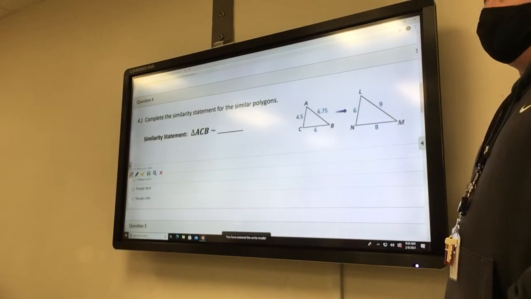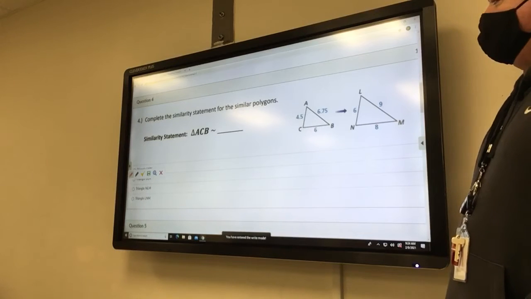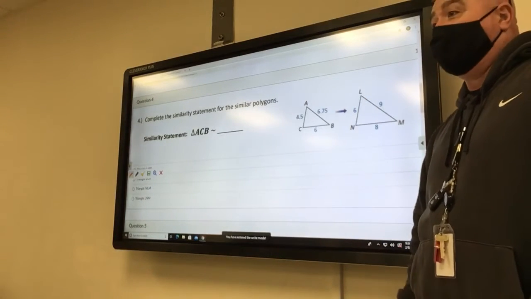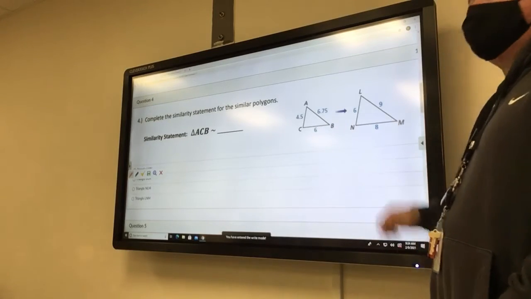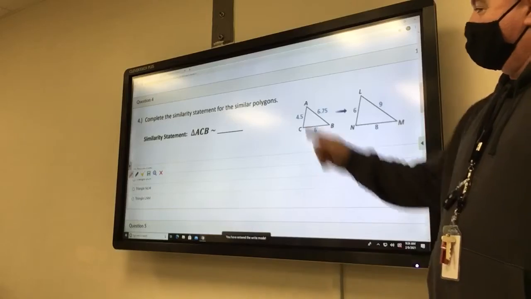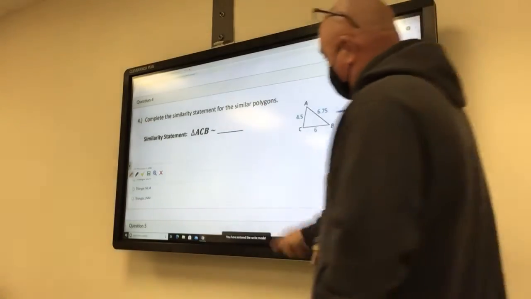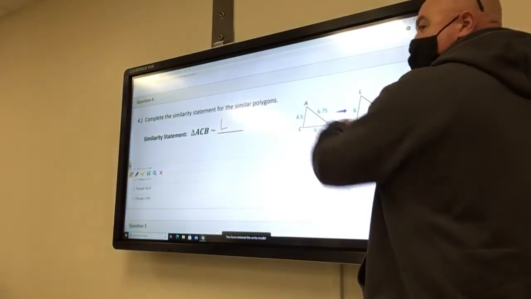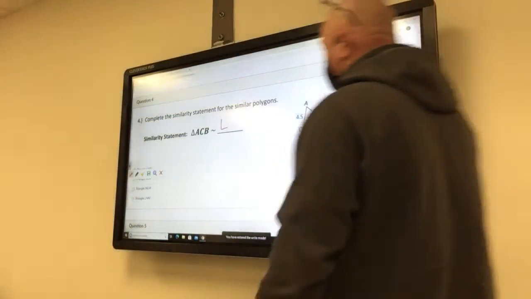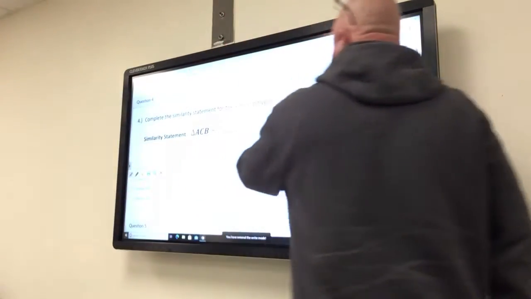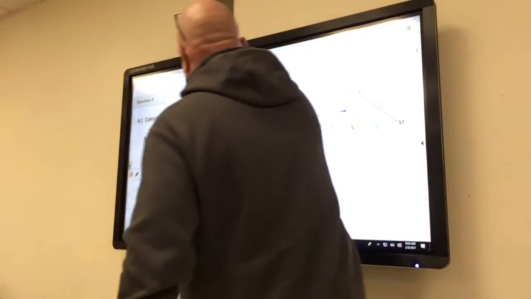All we have to do is complete the similarity statement. I know that A matches up with L. I know B matches up with M. And I know C matches up with N. A matches up with what? L. B matches up with what? M. C matches up with N.